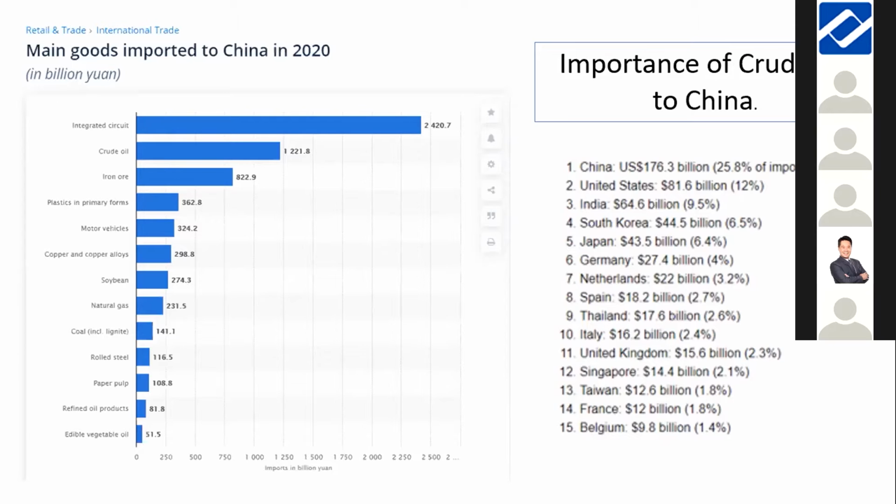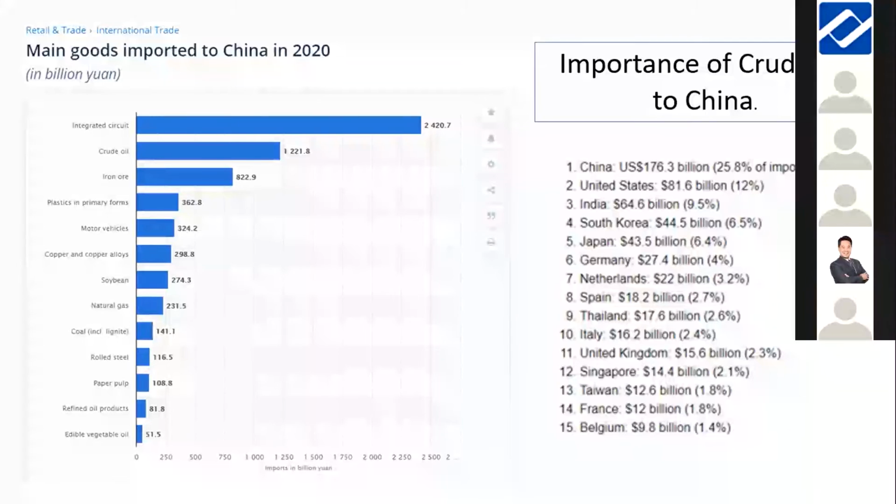You'll see some of the steel products, paper, pulp, soybeans, natural gas. I would suspect potentially that those would be contracts that would be introduced next. But again, it's very important to keep an eye on the imports of China and why it's important for them to have these contracts.